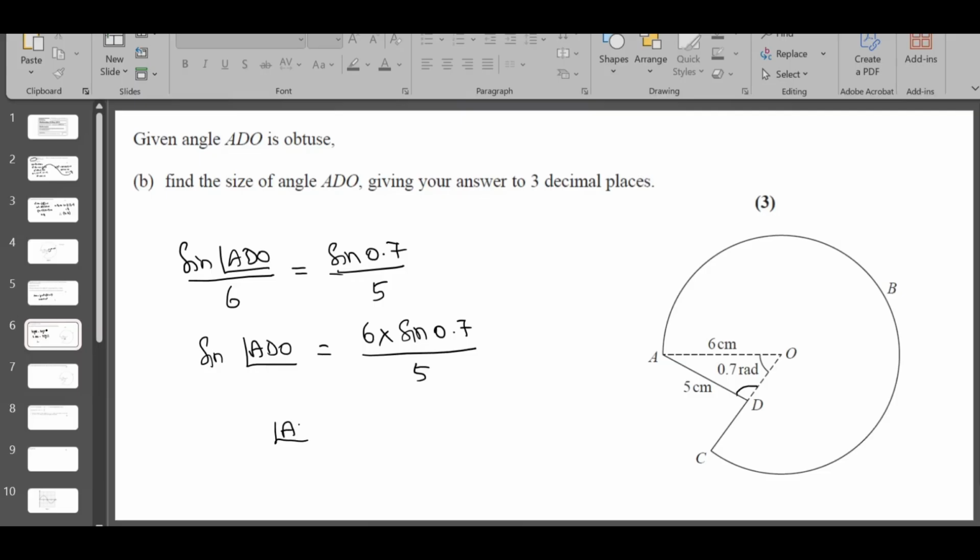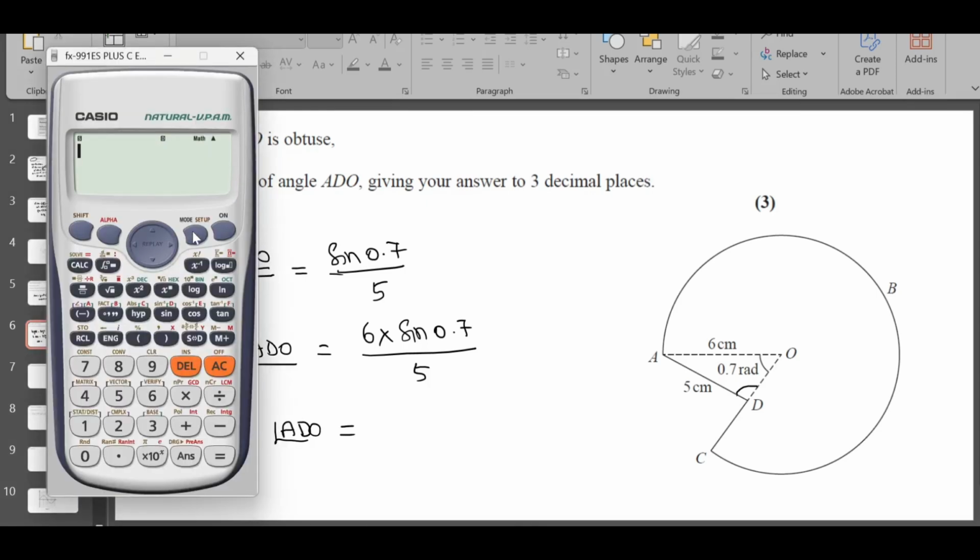So from here you can find the angle ADO to 3 decimal places. Now we need to make sure the calculator is in radian mode. 6 times sine 0.7 over 5. Sine inverse of this answer.